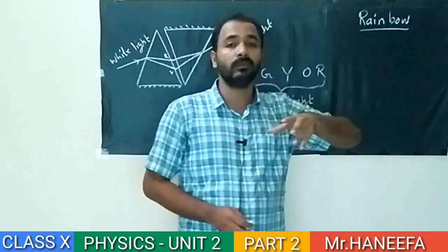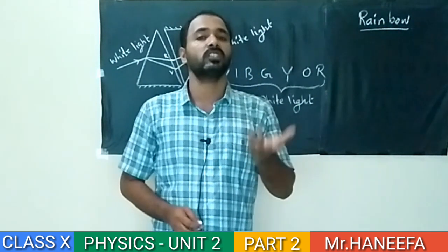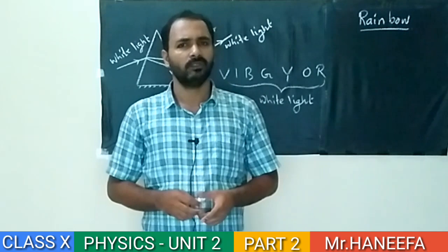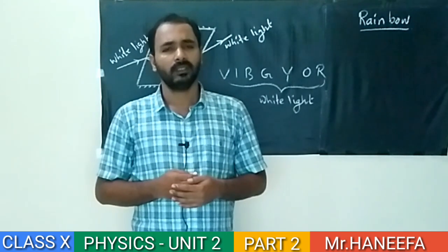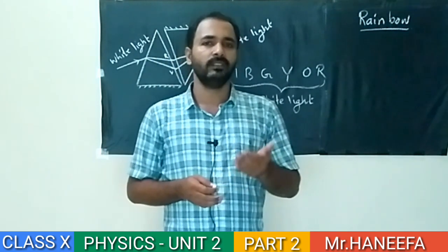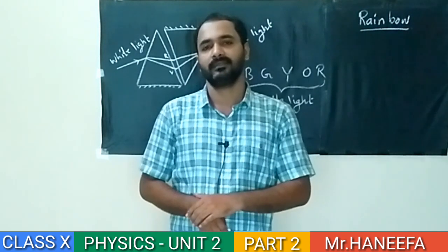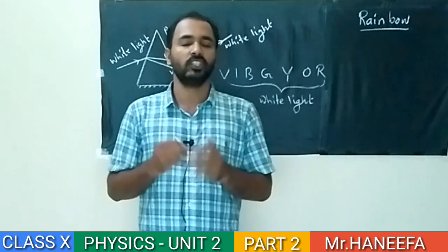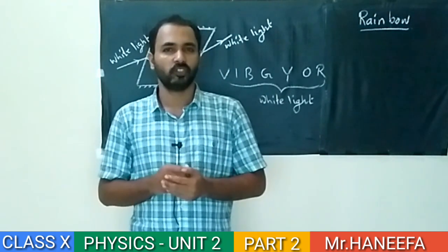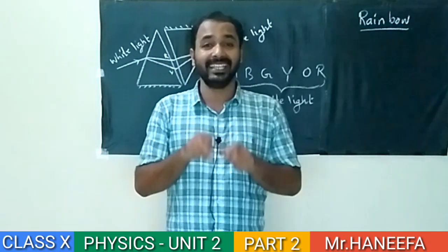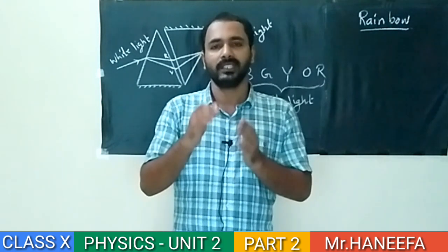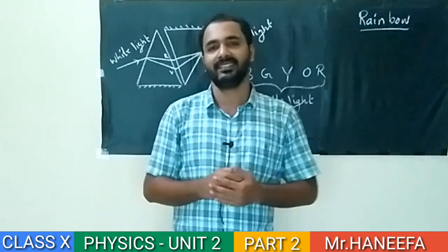Rainbow is formed after the rain shower. We know where rainbow is formed. In the morning, rainbow is formed opposite to the sun. In the morning, where is the position of the sun? The position of the sun in the morning is east. So rainbow is formed in the west.